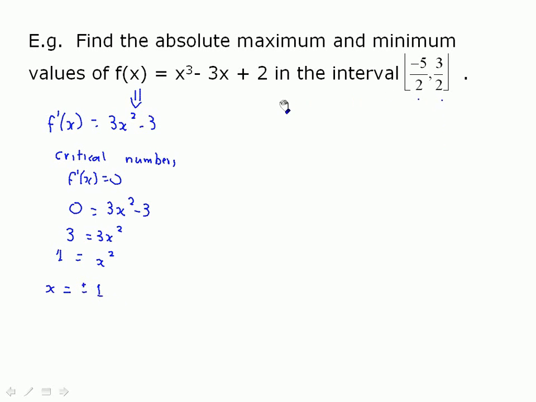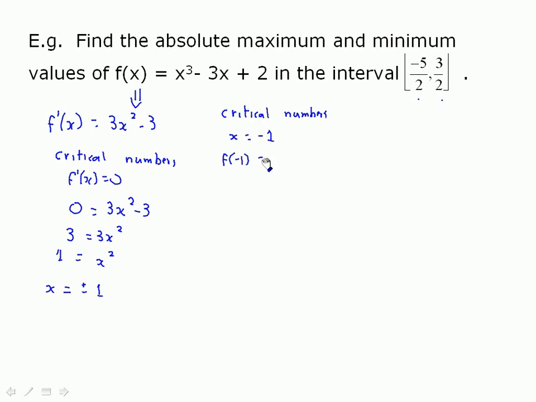Now we find the y-coordinates. We can start off doing this in any order, but I'll take it up here. So here are our critical numbers. x is equal to -1, and we find out what f at -1 is.